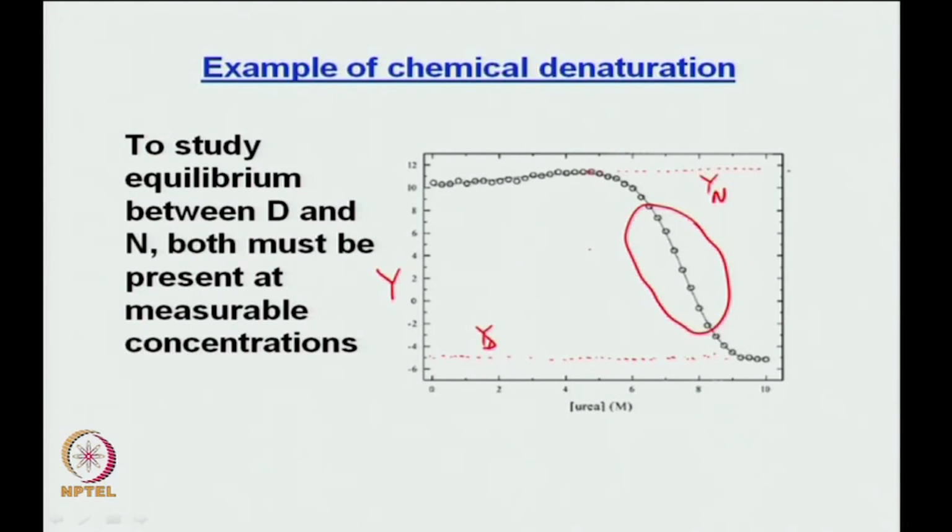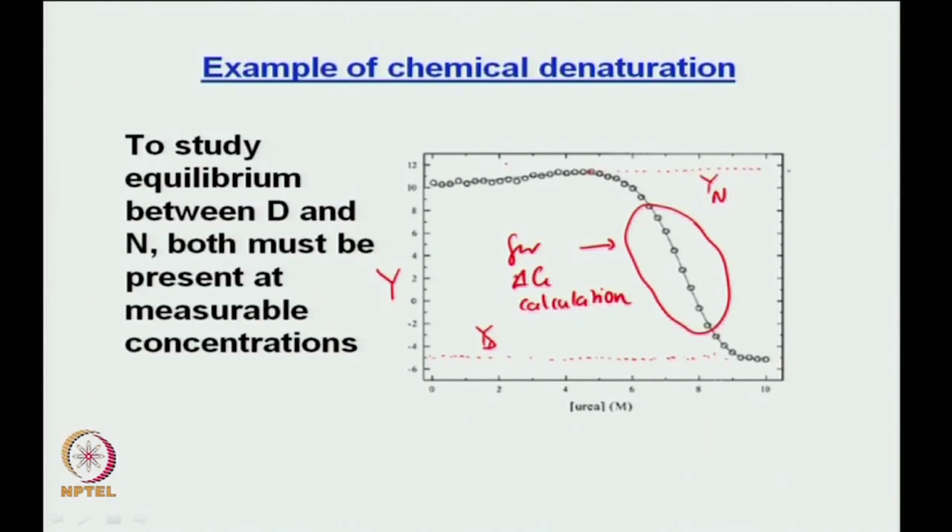So, this is what I am going to use for delta G calculation. This region. You can see one thing, only within a very narrow region of the concentration of denaturant do you have the delta G values. Below that denaturant concentration range, or above that, your delta G does not have much of a meaning, because the respective species are not present in measurable amounts, as simple as that. Is that clear?